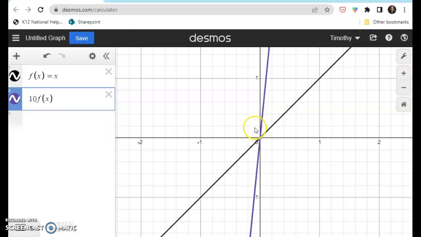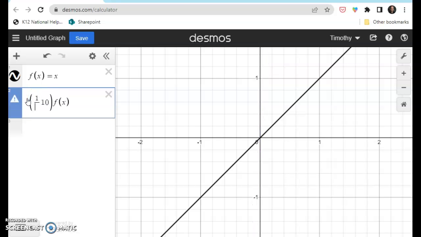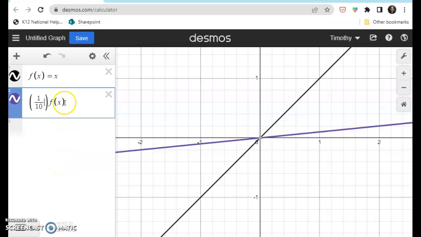See, so all it did was change the slope, but in essence it sort of made the function skinnier. We quote-unquote stretched it out thinner, and this is by a factor of 10. But look what happens when I make it 1/10. I'm basically affecting the slope. So it kind of stretched it horizontally or compressed it. It's kind of a weird way to look at that.